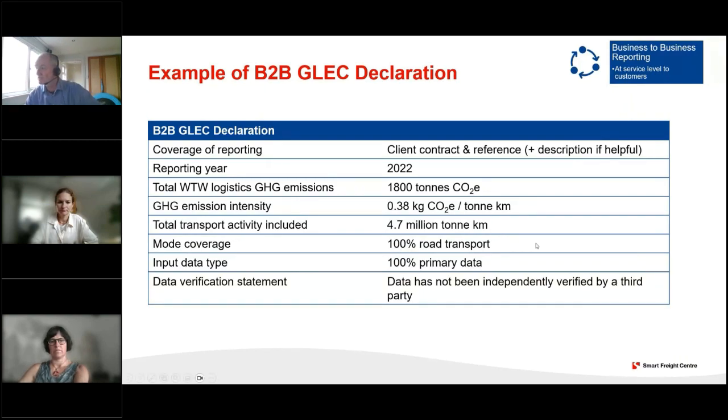The key difference is that whereas previously we would just have asked for the total emissions, expressed under the well to wheel name, now that would need to be split out to show both the tank to wheel and the well to wheel values for greater transparency. Everything else would basically remain the same.